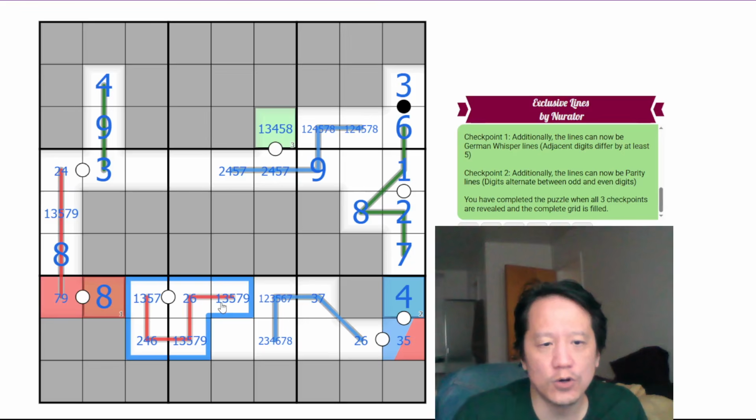Where is 4? Well, 4 could be here or here. 6 is one of these two on this parity line.